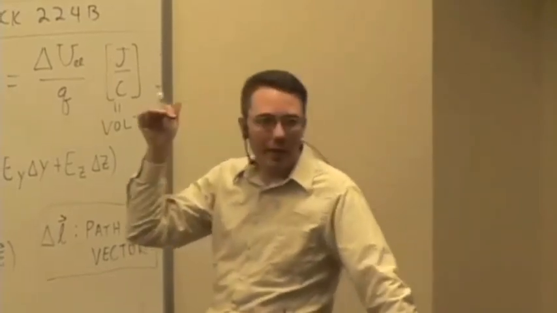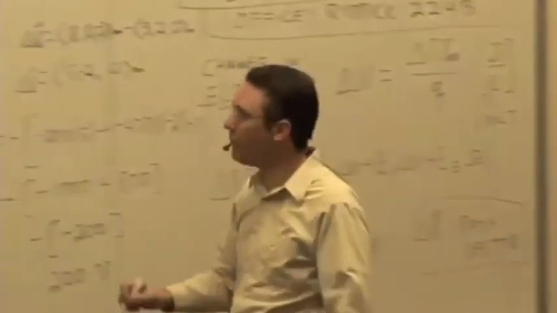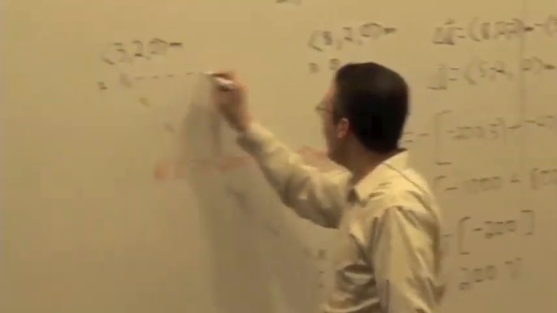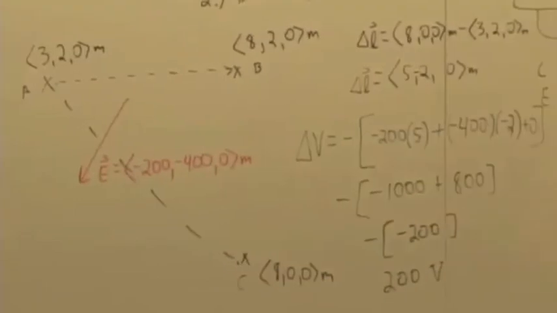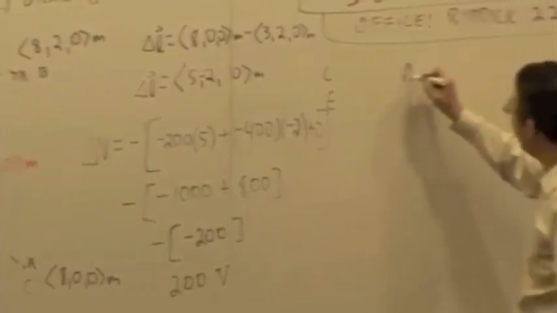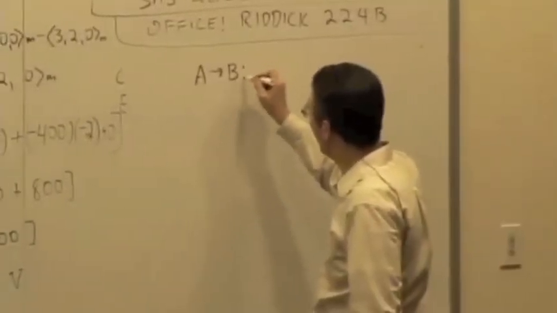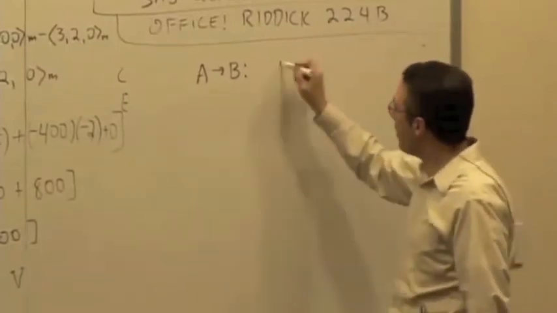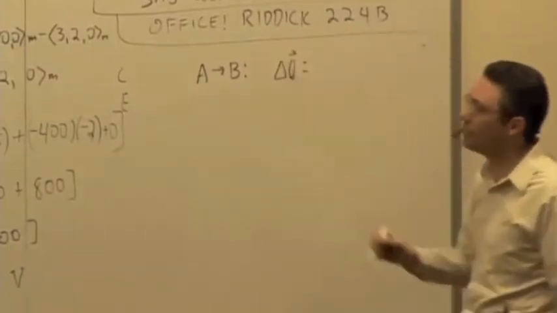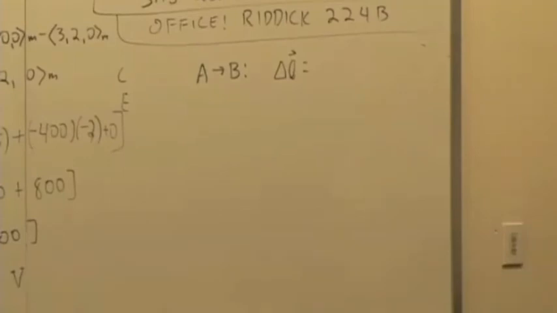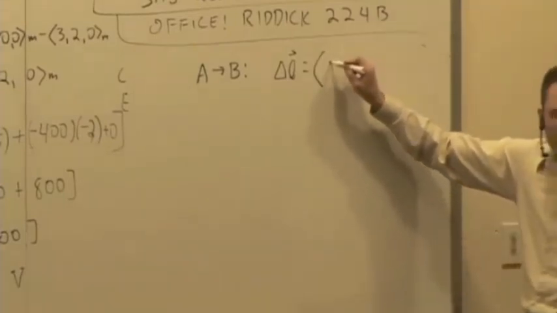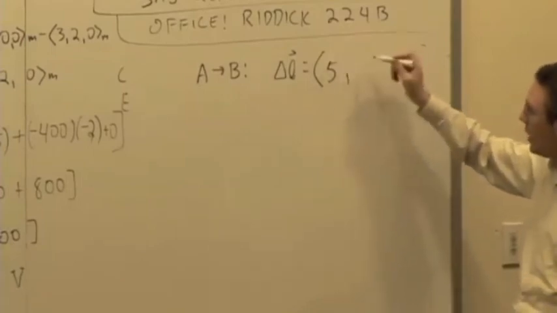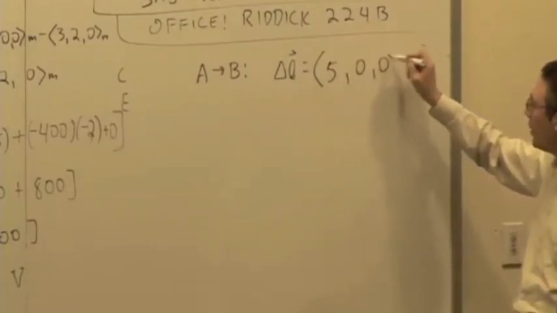Okay, why don't we go from A to B and then B to C, all right? So we go from A to B. Let me erase some of this here. If I go from A to B, then what's my path vector? X is 5, Y is 0, Z is 0, okay?